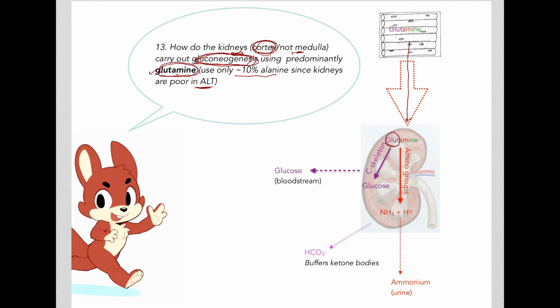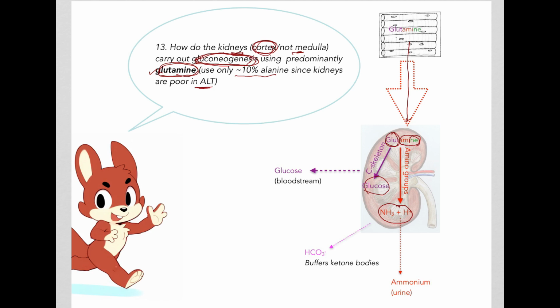We'll see that the carbon skeleton will be used to make glucose, while the two amines, the alpha amino group as well as the amine attached to the R group, will come out as ammonia.